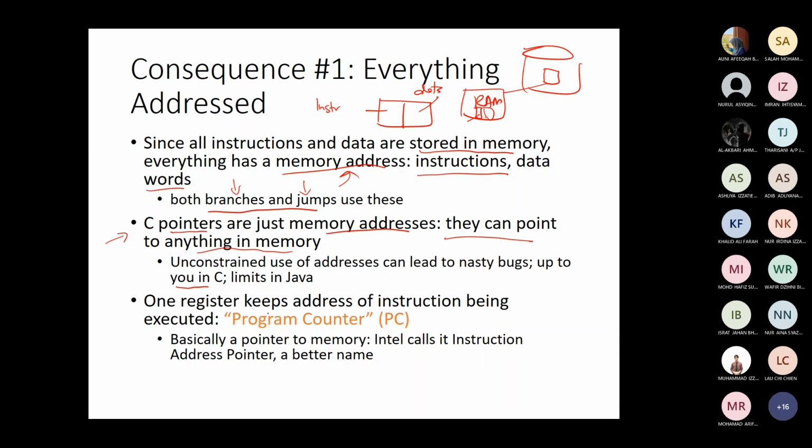One register can keep the address of the instruction being executed. In the last lab session, I told you about the program counter, or what I call PC. There are a lot of abbreviations used in assembly and in this course. In this case, PC is the program counter, basically a pointer to memory.